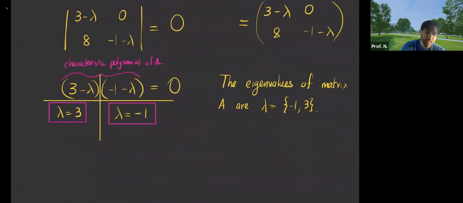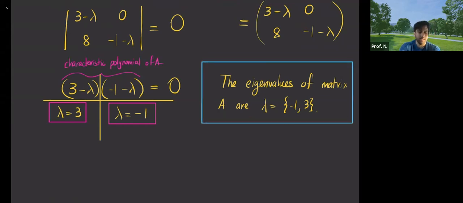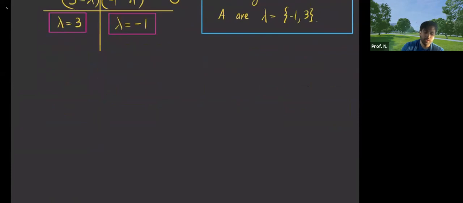So once we find the eigenvalues, the next question is to find the eigenvectors. If my eigenvalue equals 3, how do you find the eigenvector? Well, go back to the beginning of this.